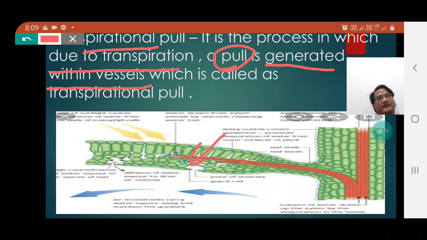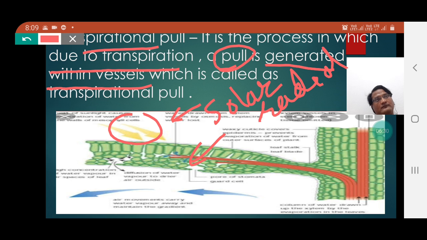So students, in this leaf you can notice that these are the solar radiations. So these solar radiations lead to the release of the water in the form of water vapor from the stomata, and that process is called as transpiration, as we know.